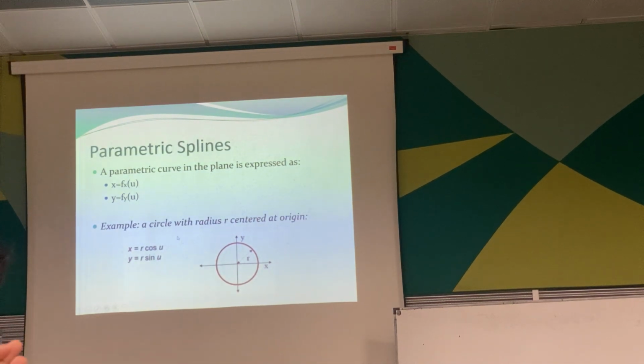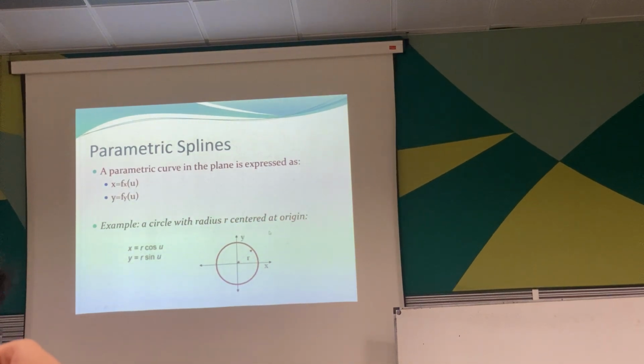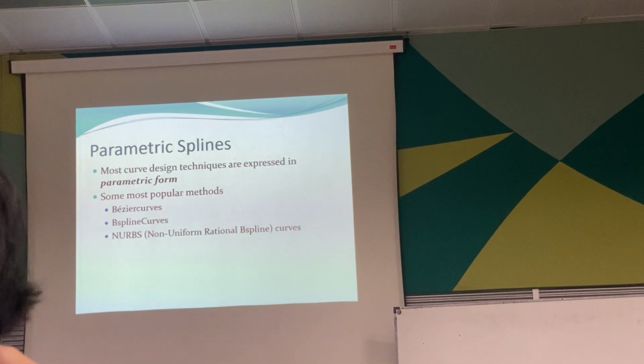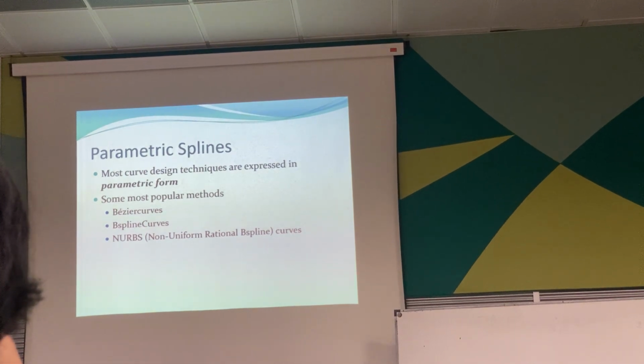This is called the parametric representation of the functions, which allows you to create your circle curve. We already learned the circle earlier. Most of the curves that we draw use this parametric form.